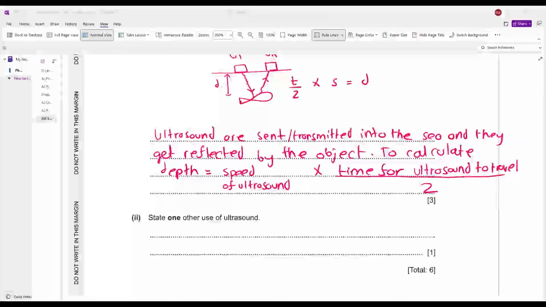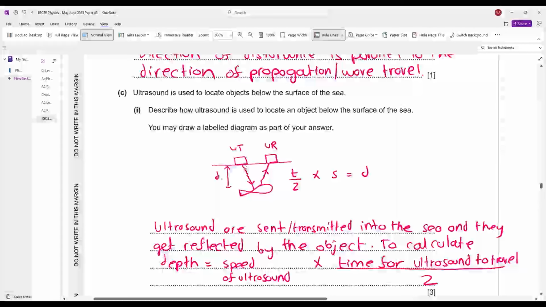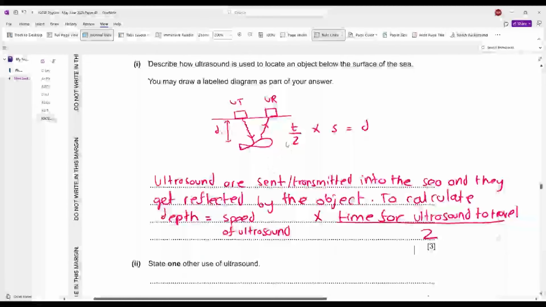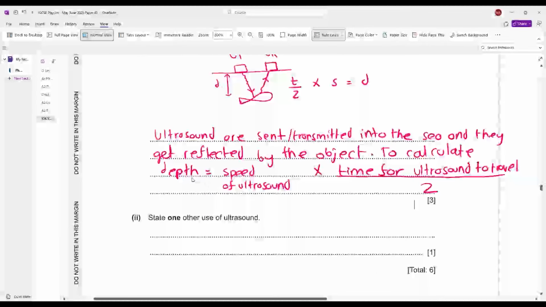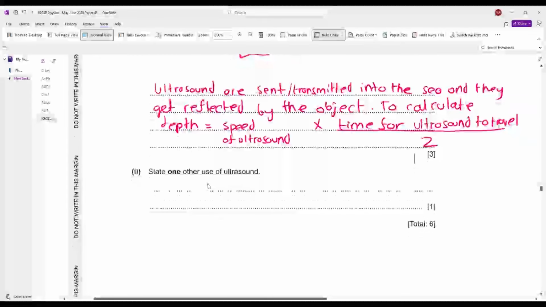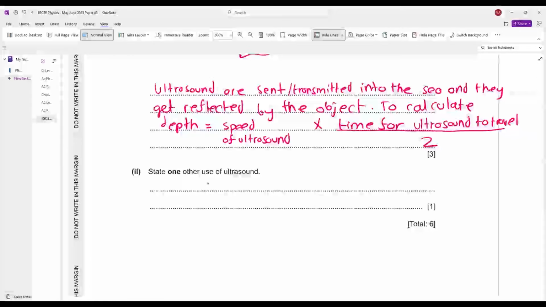Because the ultrasound is traveling back and forth. It travels first, hits the fish and then reflects back. This is the time of twice the journey. I want the time of only once the journey. So time of ultrasound to travel divided by 2 into the speed of ultrasound is equal to the depth of the object.